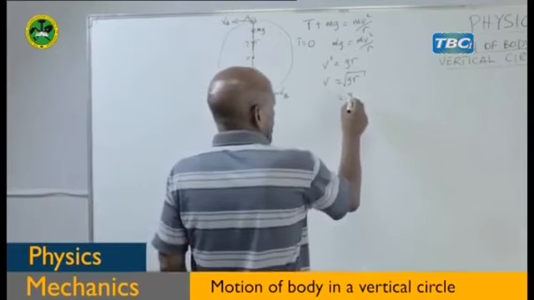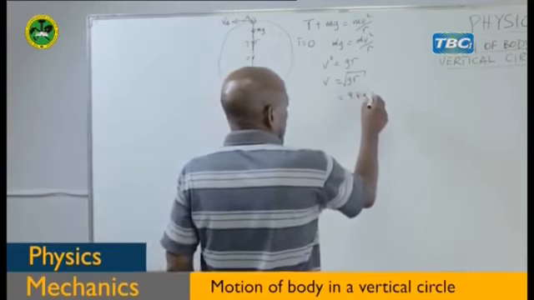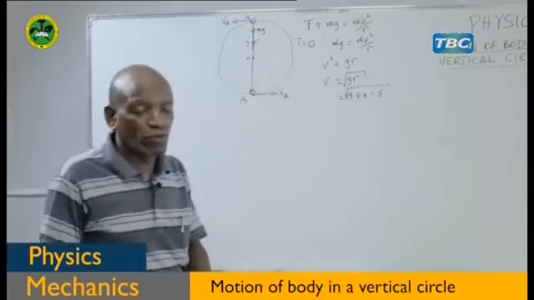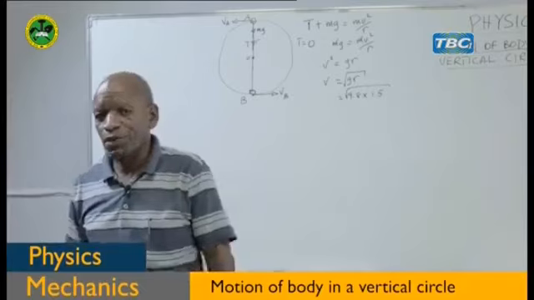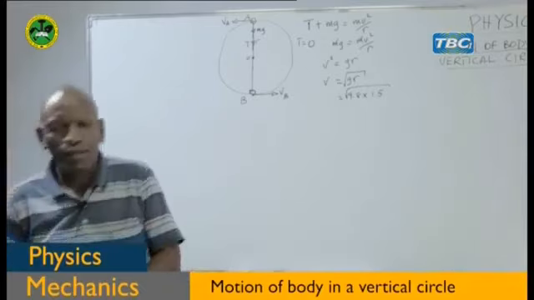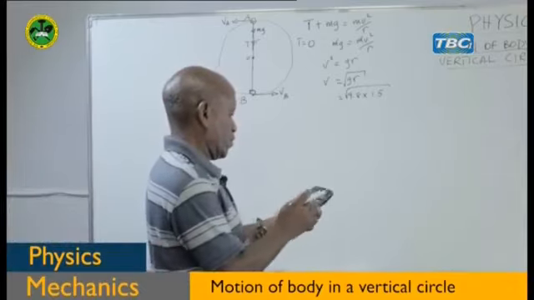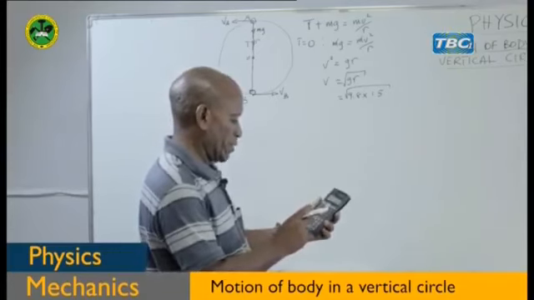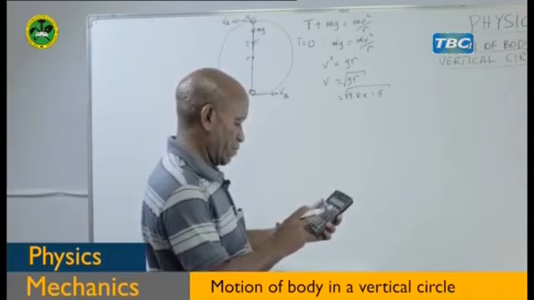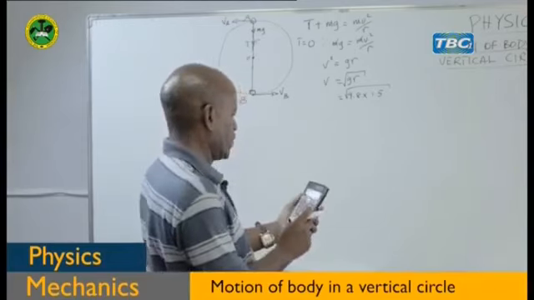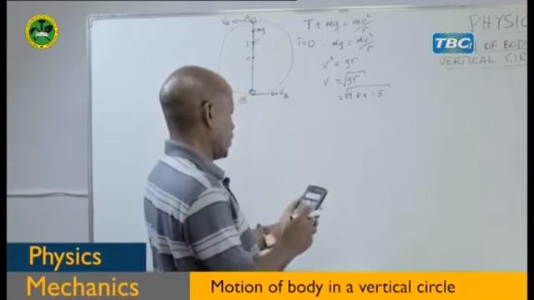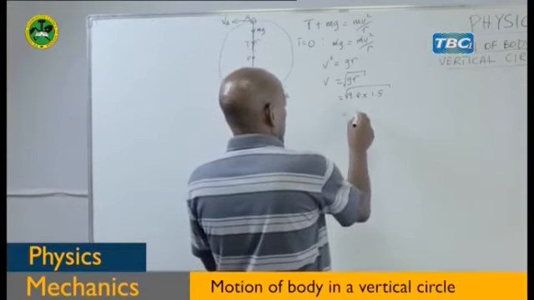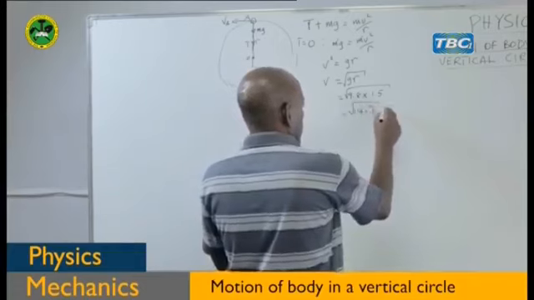The g there is 9.8 and the radius is 1.5 meters. We look for the square root of that expression. Computing this using your calculator, you take 9.8 times 1.5, you get 14.7.